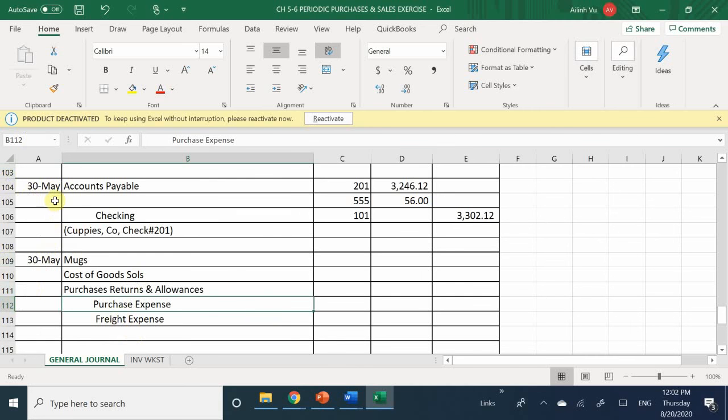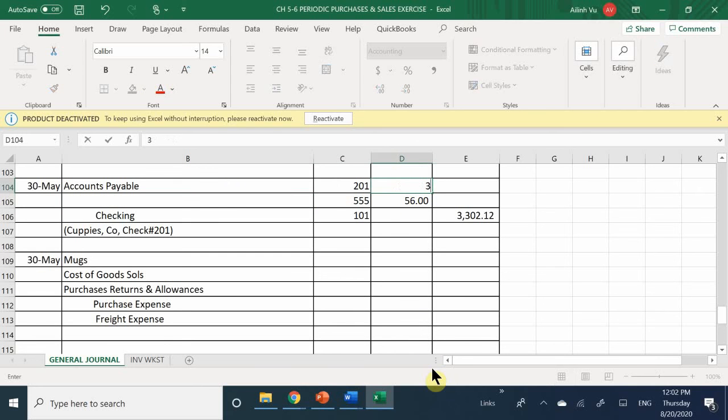So let me review this information real quick. Accounts payable, okay. So accounts payable is supposed to be for 3303302712, right? And we're going to have the purchase discounts here because we don't owe more money, we're going to owe less money. That is what we're supposed to be paying.